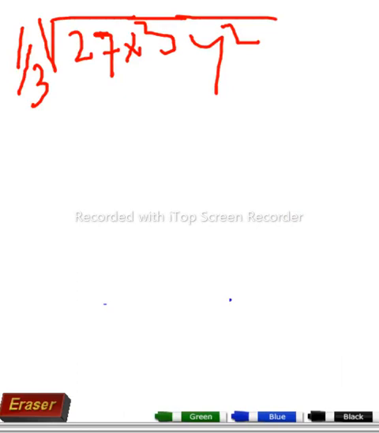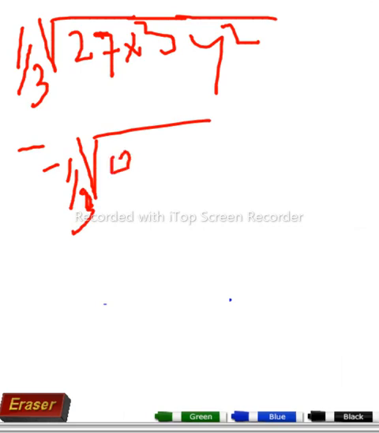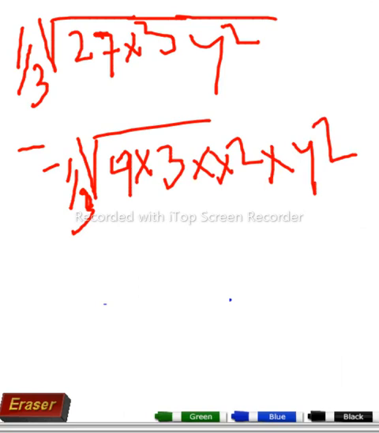As we know, we can rewrite this as 1 over 3 times the square root of 27, which means 9 times 3, and x cubed means x squared times x, and y squared here.